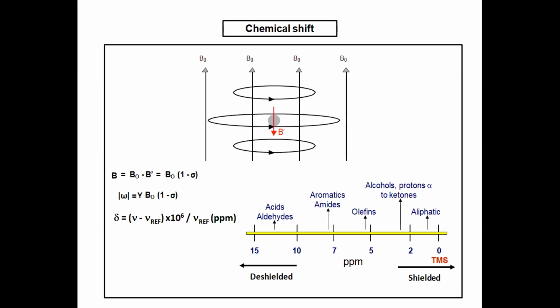They resonate at a very low magnetic field as compared to aliphatic alcohol protons and ketones. That is the characteristic of the compound, which helps in identifying the shift in the opposite direction.